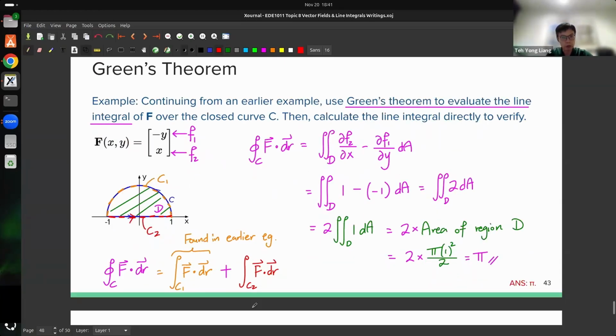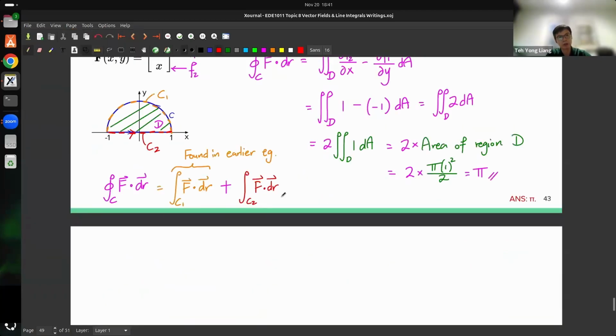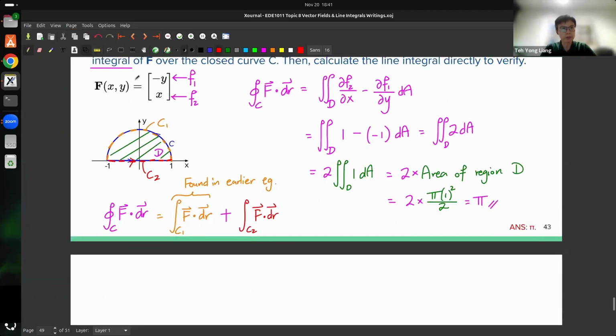So let's evaluate the second line integral directly. For C2, what is the parameterization? Let's call it r of t. You can see that C2 is just going from minus 1 to 1 in the x direction.